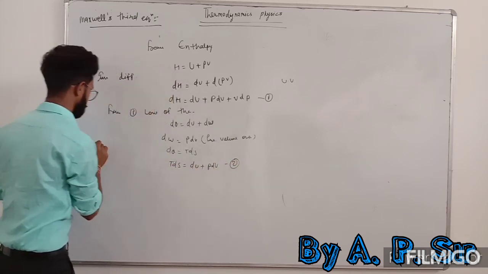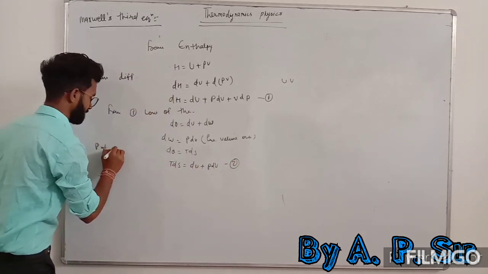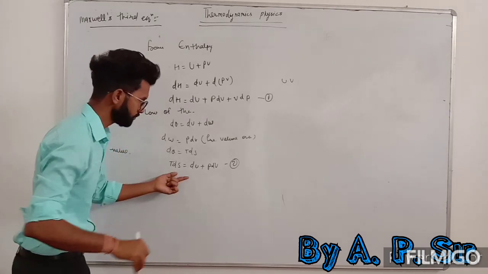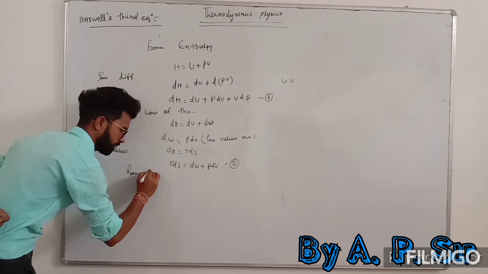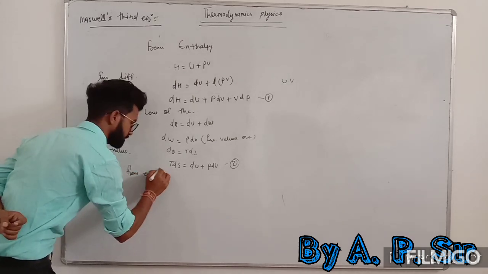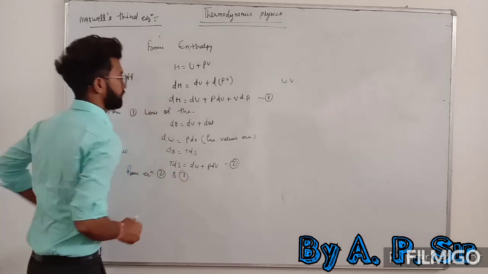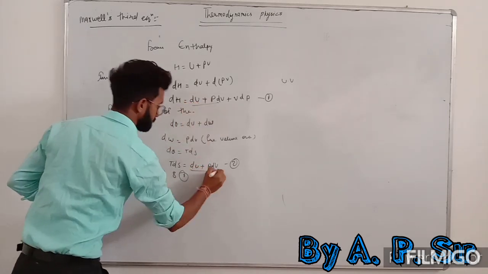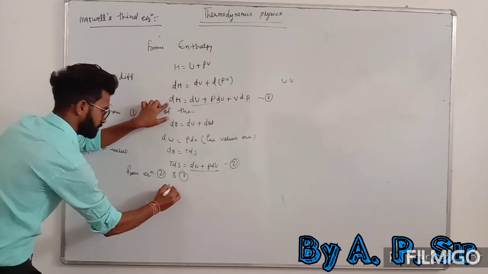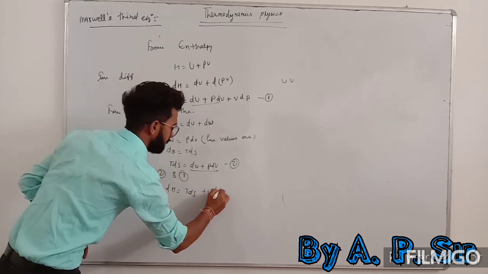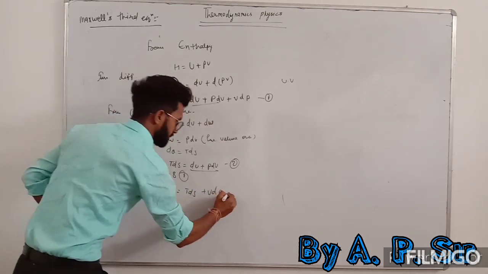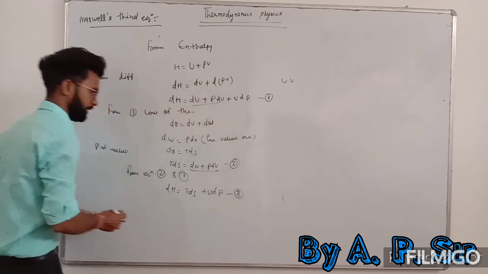Equation number second. Then from equation second and first, dH is equal to TdS plus VdP. This is equation number third.